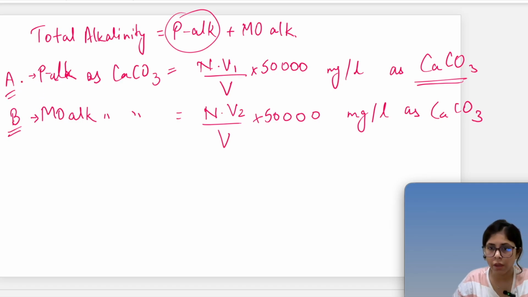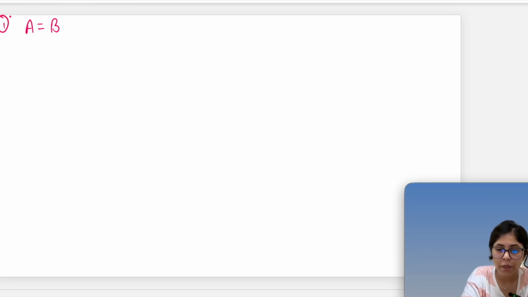Now I'll be telling you the table, and with that we'll know the different kinds of alkalinity. For example, in case I have A equal to B, that is the first case. That means phenolphthalein alkalinity is equal to methyl orange alkalinity, right?